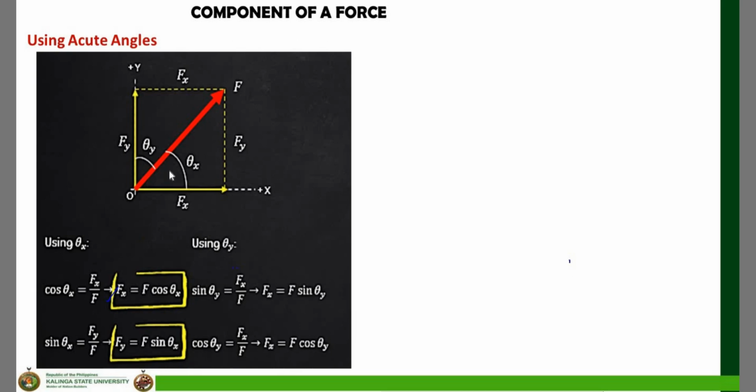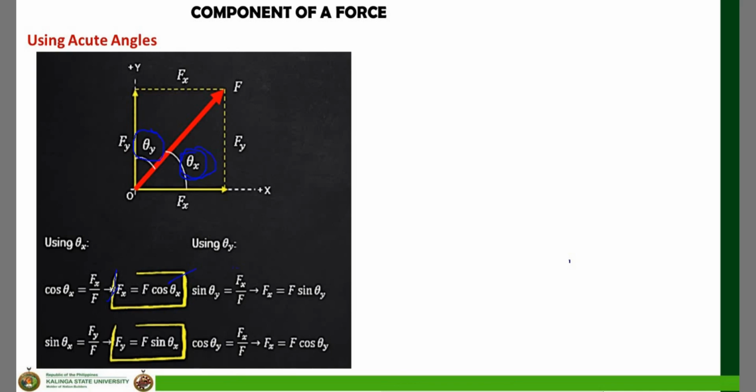So as you can see there in the diagram, dapat always from the x-axis. Kapag gagamitin mo dito yung equation, yung nakabox na yellow, dapat i-consider mo yung angle na basis mo from the x-axis. Hindi mo pwedeng gamitin dito theta y, kasi the equation is derived from this theta, from that angle.